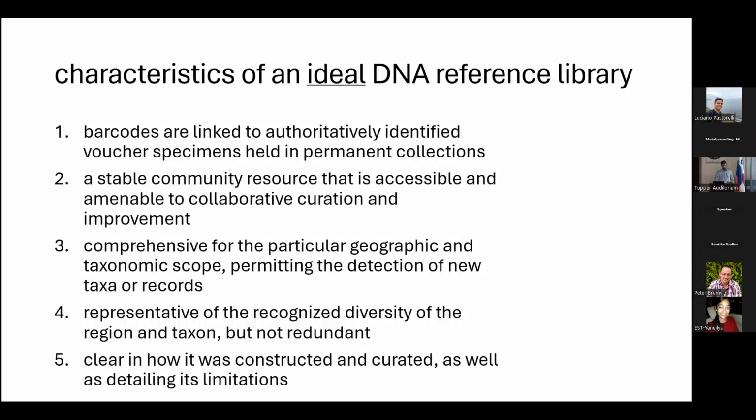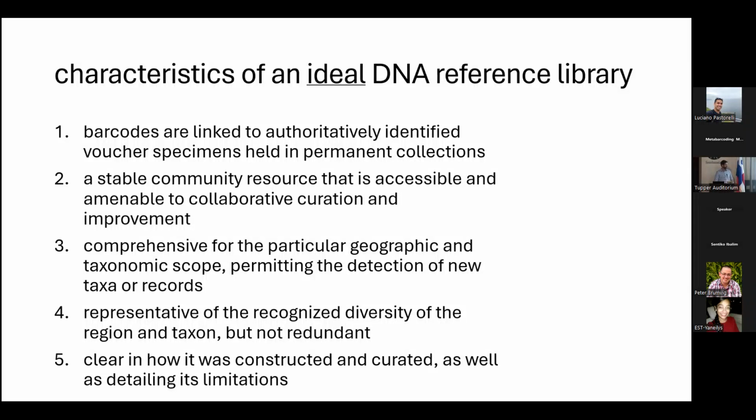It should be, or ideally would be, comprehensive for the particular geographic and taxonomic scope, which would allow the detection of new species, perhaps introduced species, or just new records.